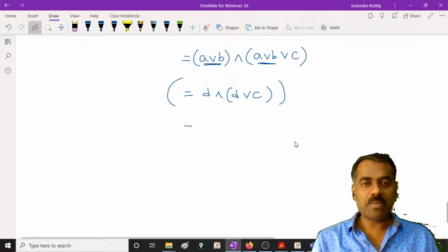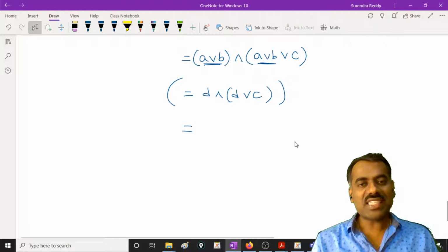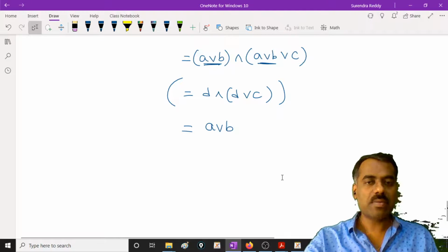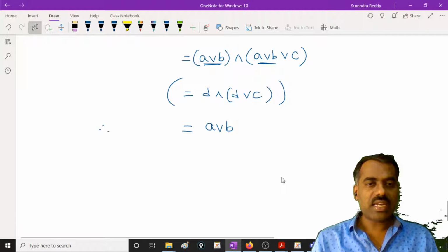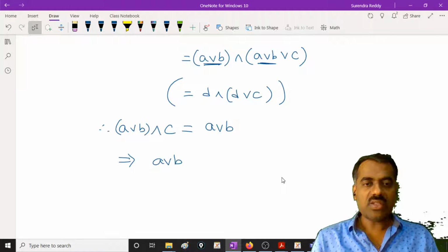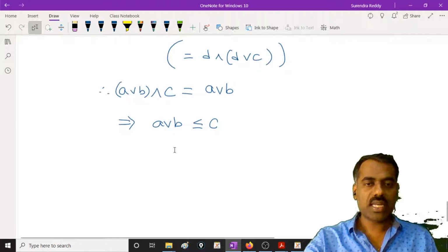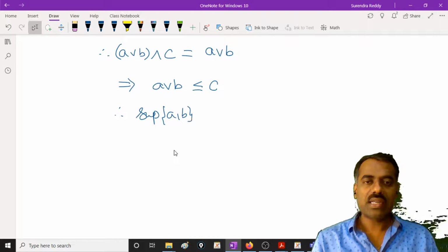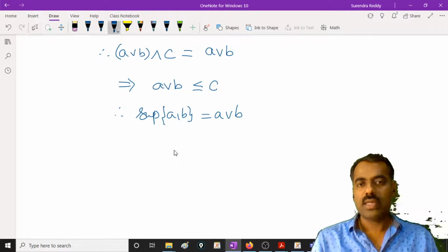By the absorption property, D meet D join C is the same as D. Therefore, it is the same as A join B. So we have proved that A join B meet C is A join B. This implies A join B is less than or equal to C. That shows that this is the least among all upper bounds, right? Therefore, we proved that the supremum of A comma B is nothing but A join B.